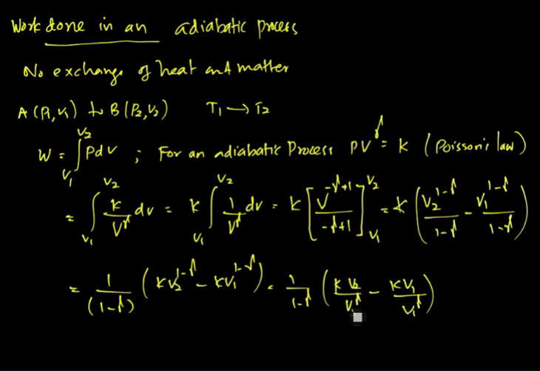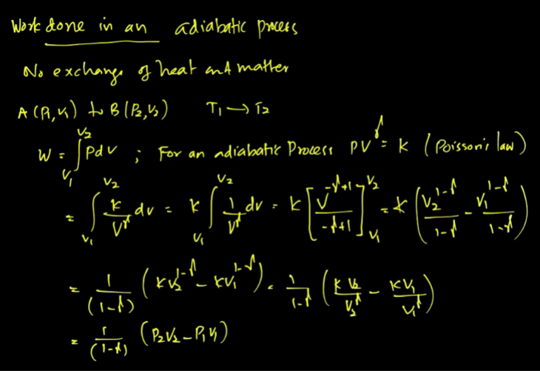But K by V raised to gamma is P, so K by V2 raised to gamma is P2, and this equation becomes 1 by 1 minus gamma into P2 V2 minus P1 V1.